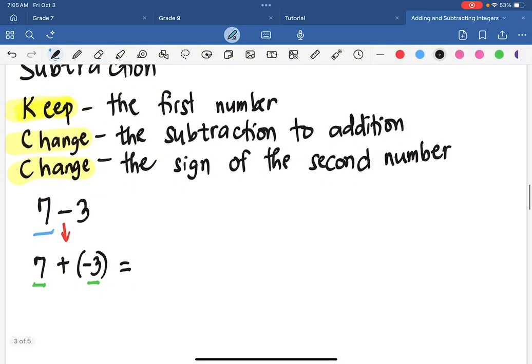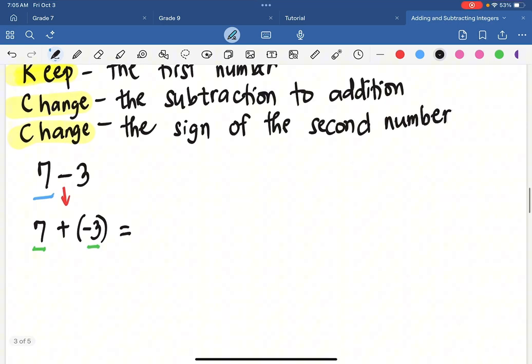Now, going back to the other process, again it is big minus small. So our big here is 7, minus the small number, which is 3. So 7 minus 3 is 4. So basically, this is just a regular way of solving, because 7 minus 3 is actually 4. So let's write it here.